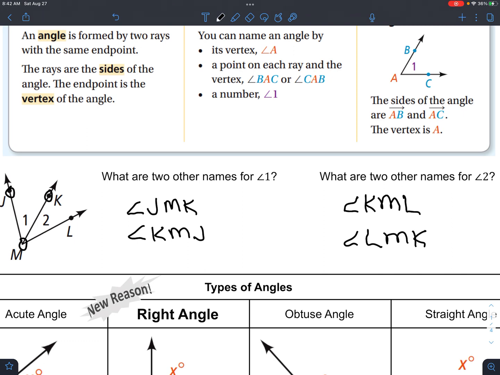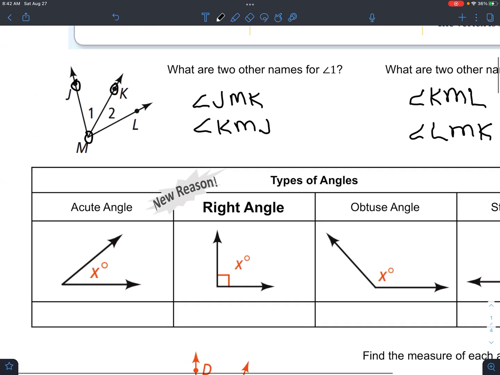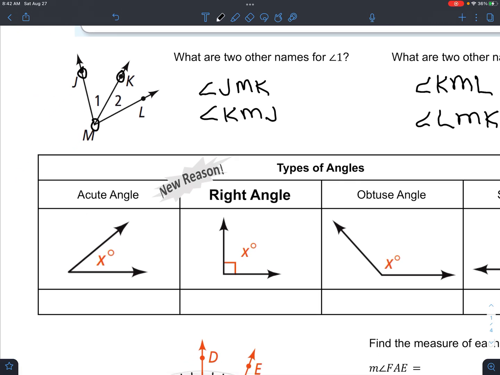Okay, so as you know from grade school, there are 3, maybe 4 types of angles. One of them is the acute angle, and that's when the angle is between 0 and 90 degrees. Now, degrees is an amount of turning. So if we turn all the way around, that's 360 degrees.